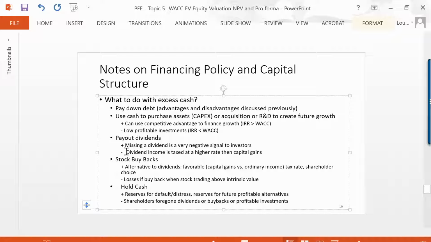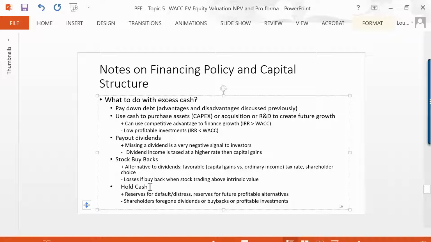Therefore, you're better off not giving them a dividend and trying to give them money a different way. A way of getting them money a different way is doing a stock buyback. A firm can choose to buy back some shares. It's an alternative to a dividend. And the benefit is a shareholder could sell back their shares, in that case getting a capital gain versus dividend income.